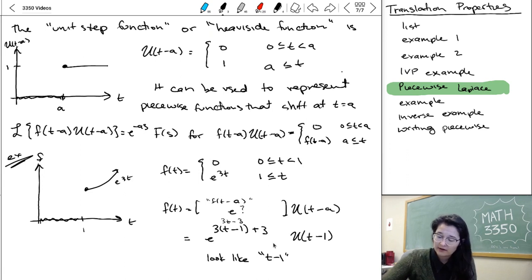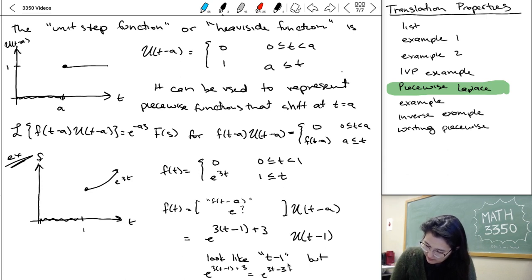So taken together, this input, 3 times t minus 1 plus 3, does have terms that look like t minus 1, but if you calculate it all out, that's going to be e to 3t minus 3 plus 3, which is just e to 3t, the function I really want on the inside.